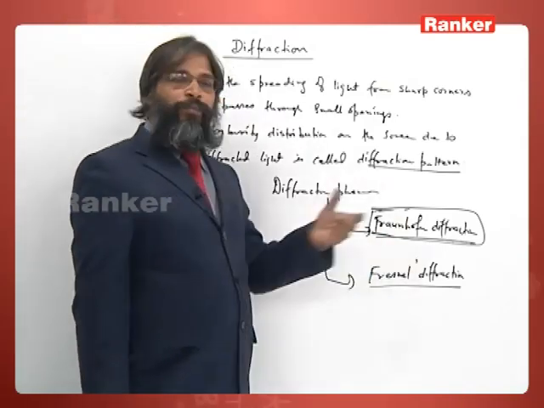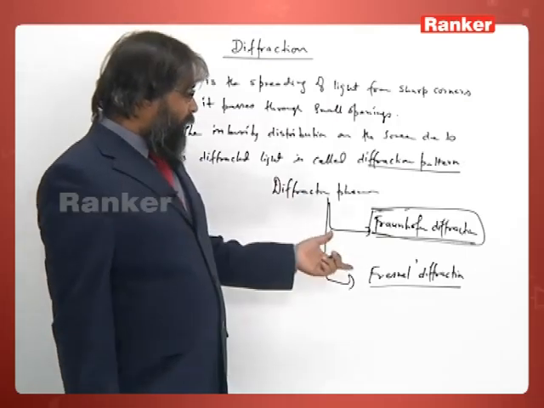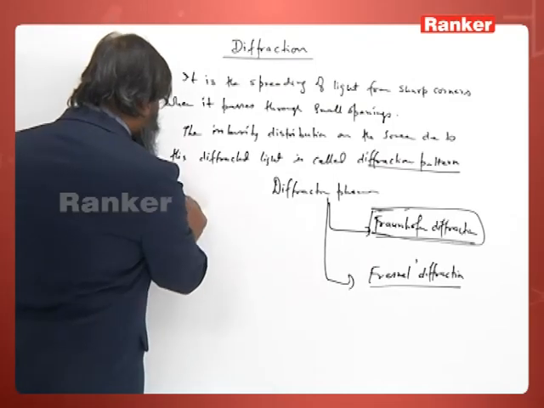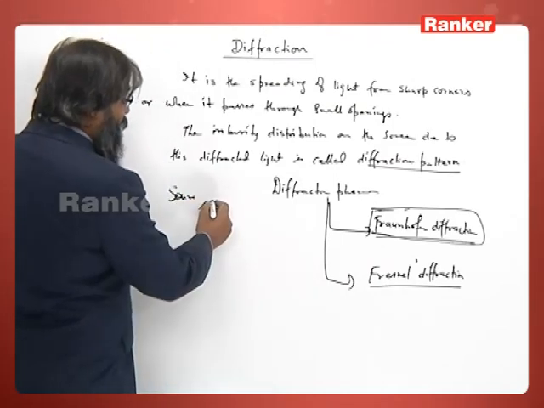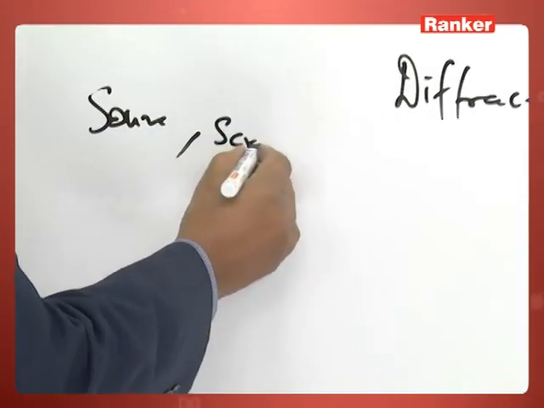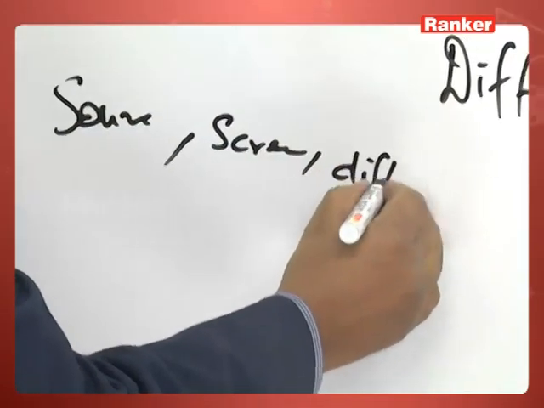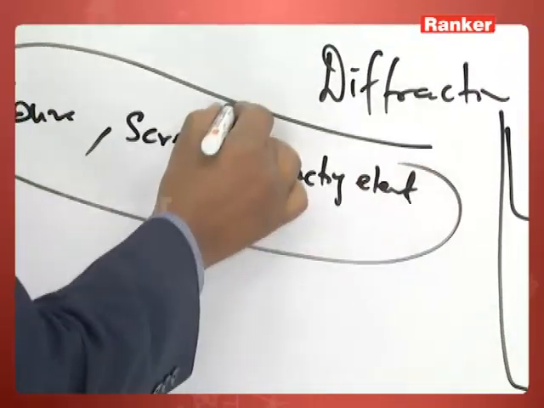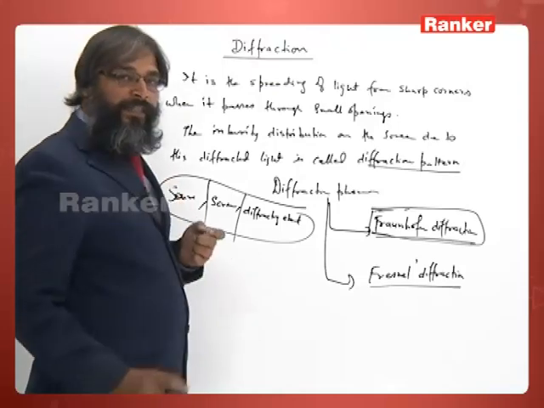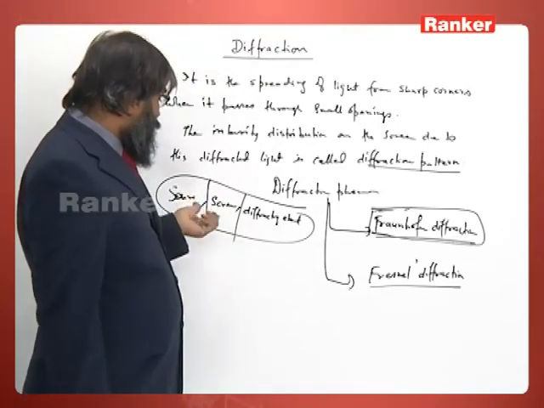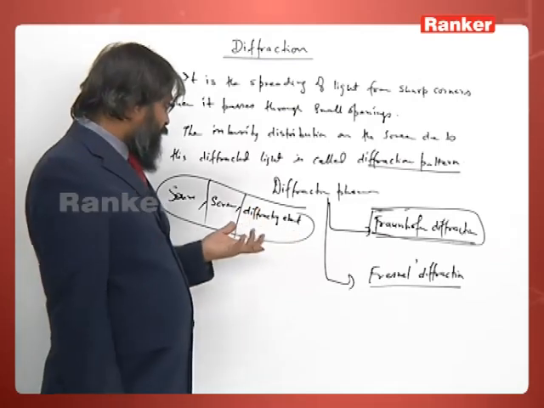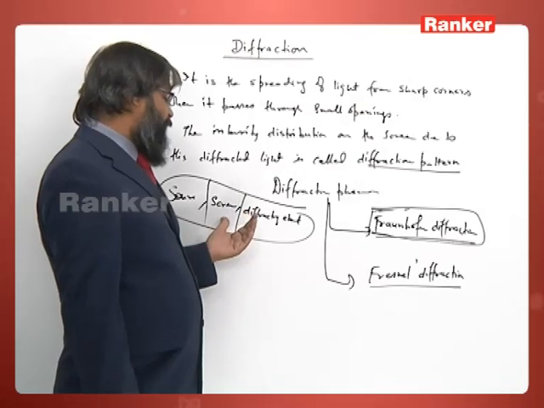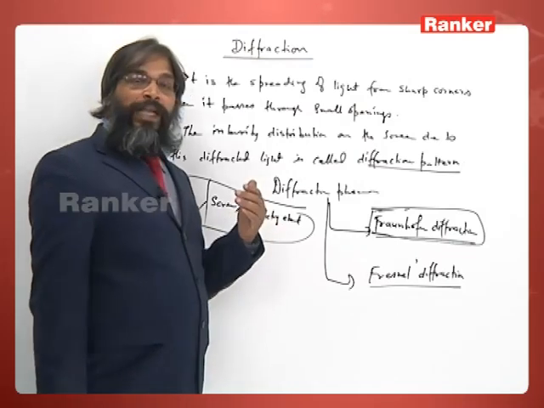Now in diffraction, three things are there: the source, then the screen, and then the diffracting element. The source of light, the screen where we are going to see the interference pattern, the diffraction pattern, and the diffracting element.